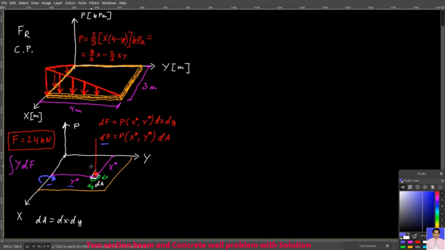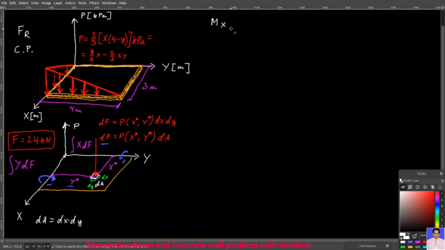And then you do the same thing in order to get the total moment due to this pressure distribution about the y-axis. For each differential area, you will have x times dF, so the perpendicular distance between the line of action of dF and the y-axis, and you sum them all up with an integral. And then, according to the right-hand rule, you will get a positive moment about the y-axis. And so, let's do that.